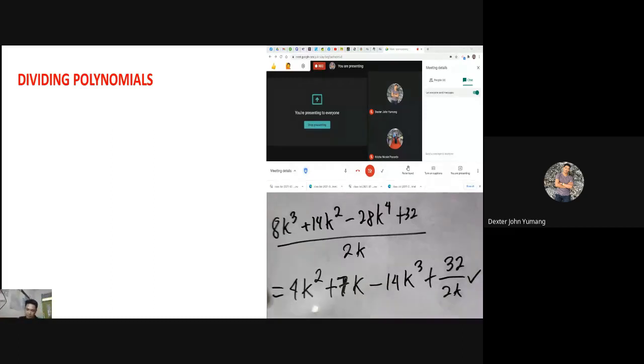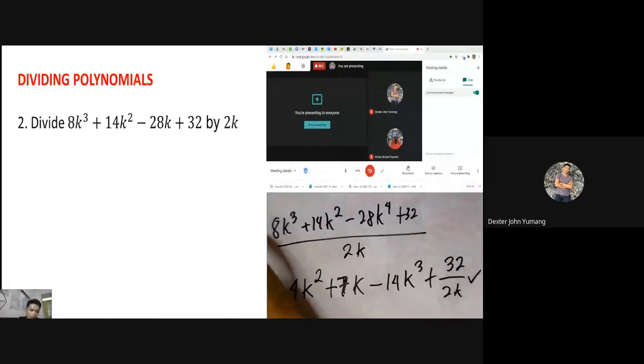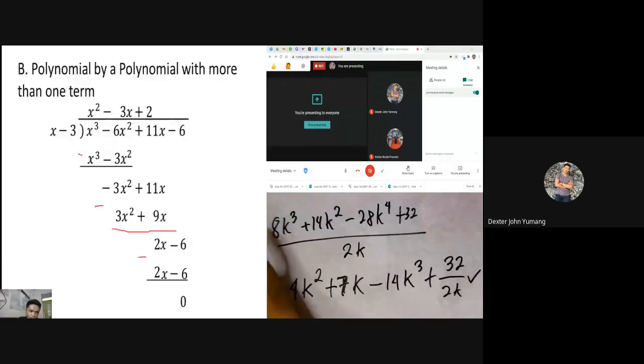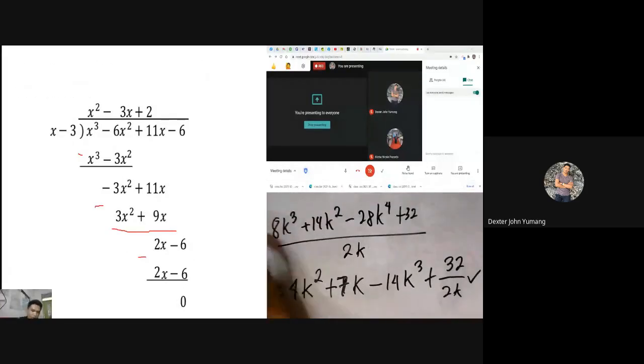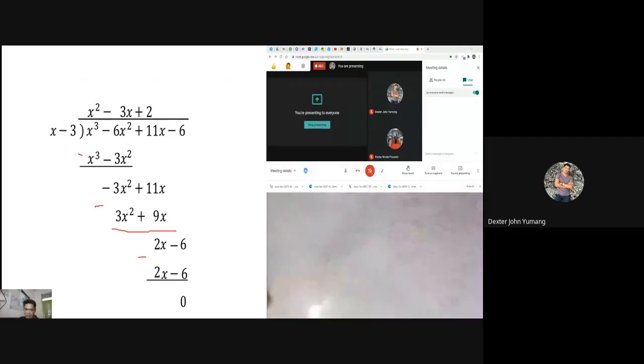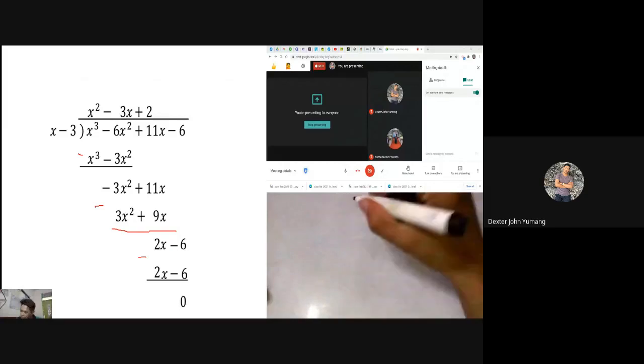Next. We now have a more difficult one. Example. This one. For letter B, we have polynomial by a polynomial with more than one term. In this case, as you could see, ang process niya para kang nag-divide ng tulad nito, 38 divided by 2, parang ganyan.